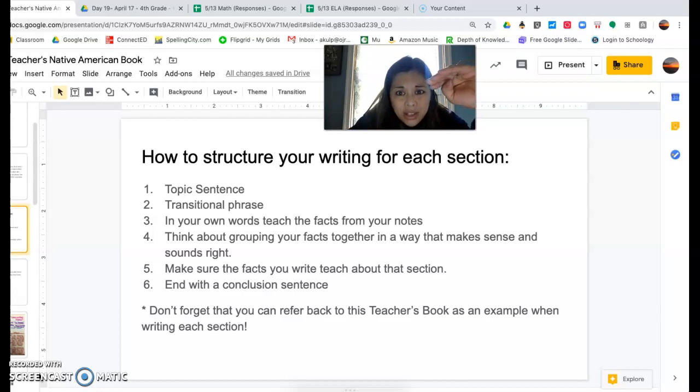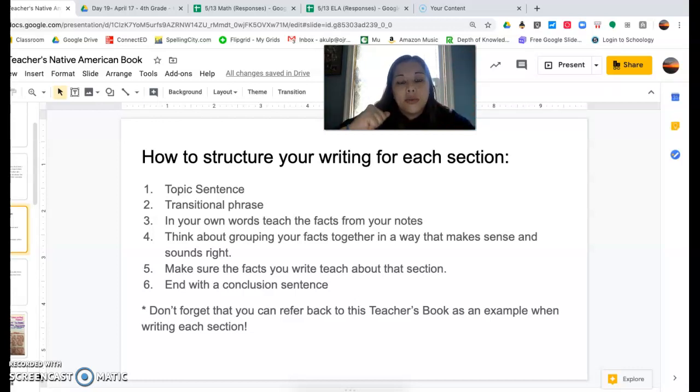And the 10th fact you wrote down was, again, more information about how they used horses. Well, when you go to write your paragraph, you don't want to start off telling about how they used horses, tell about a bunch of other facts, and then talk about horses again. You're going to need to move that 10th fact, that further additional information about horses, up. And so you might start off with all the facts about how they used horses, group them together, and then all the facts about the next thing you wrote down.